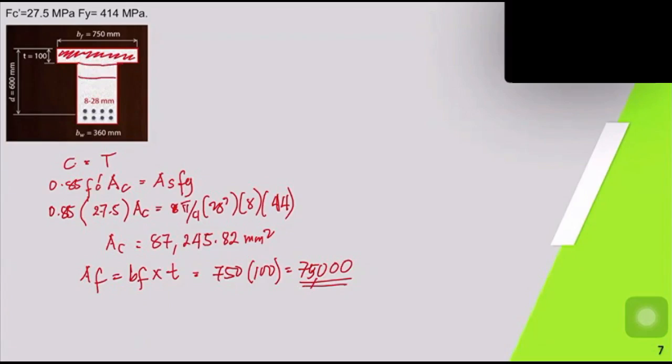So, what is that part? Ilan ang makukuha sa kanya? So, yung sobra niya, that is 87,245.82 less 75,000. I-divide mo siya ng, so let's say this is x. So x equals 360.